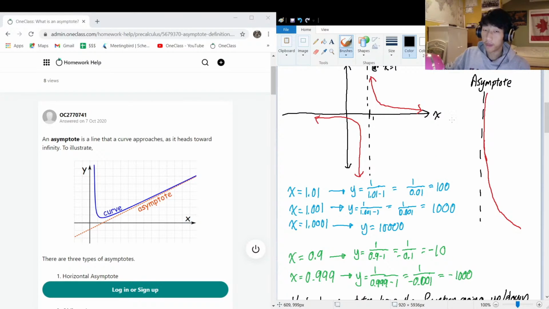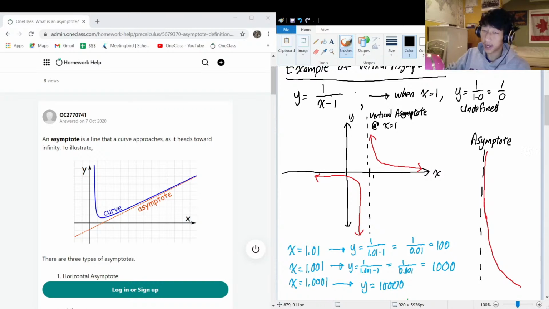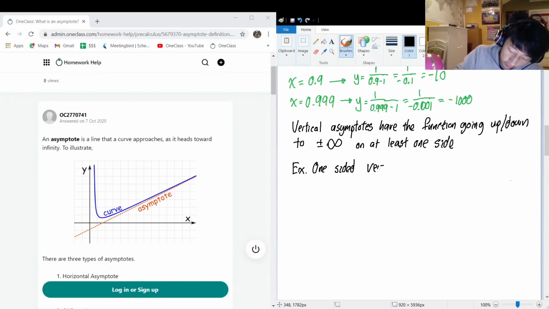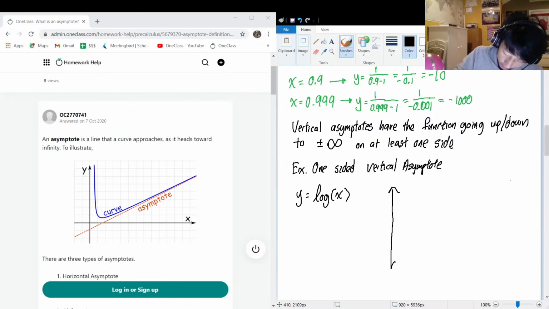Now, the example that we saw here is two-sided. On both sides of that asymptote, the function is defined, and there will be that behavior. But an example of a one-sided vertical asymptote is log. So if we have y equals log of x, our function is going to be like this.